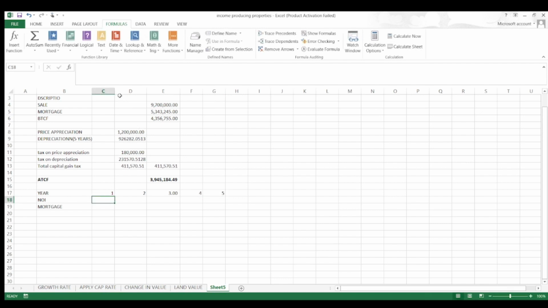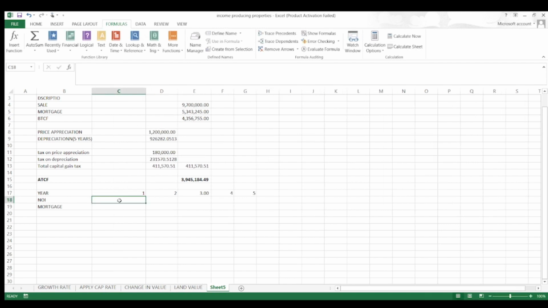So the net operating income for the first year, based on this example, is 922,750. Second year, we have 948,568. The third year, we have 974,146.